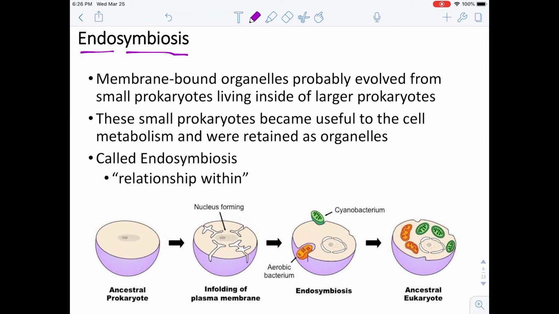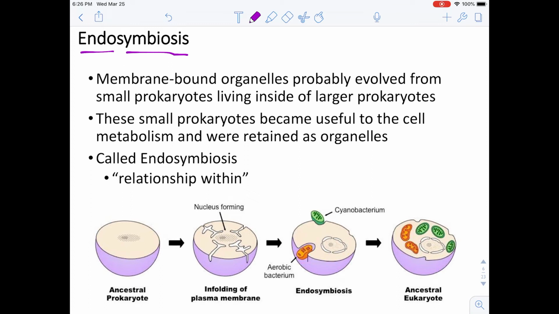Symbiosis is an ecology idea where you have a relationship between two organisms. Sometimes it's a beneficial relationship. We call that mutualism. Sometimes it's positive-negative, like a parasite. And then we have the one in between, commensalism, where an organism benefits and the other one doesn't care. Well, this one is probably more of a mutual relationship, and endo meaning within.